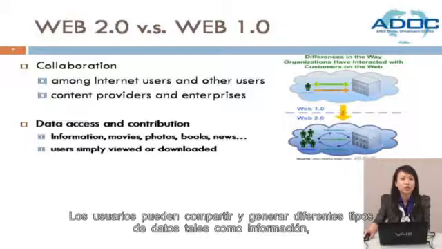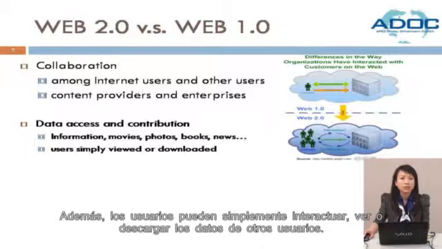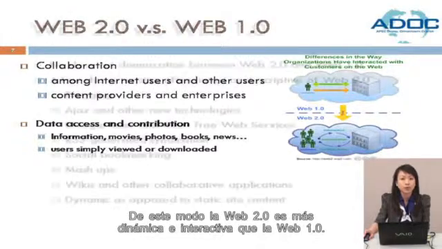Users can share and generate different types of data such as information, movies, photos, news, and so on. Also, users can simply interact with, view, or download other users' data. Thus, Web 2.0 is more dynamic and interactive than Web 1.0.